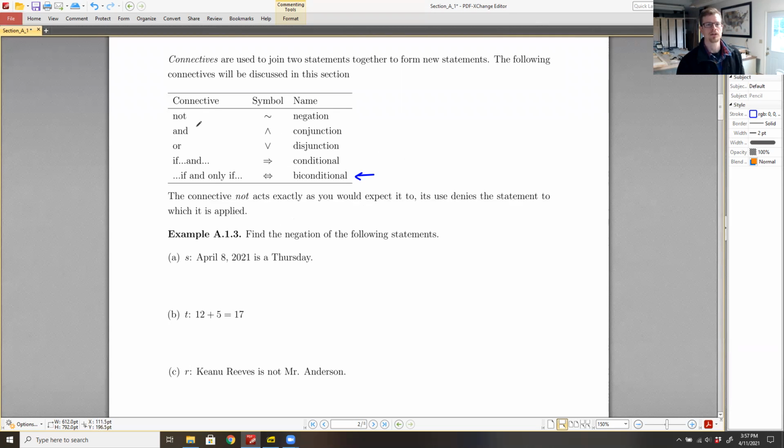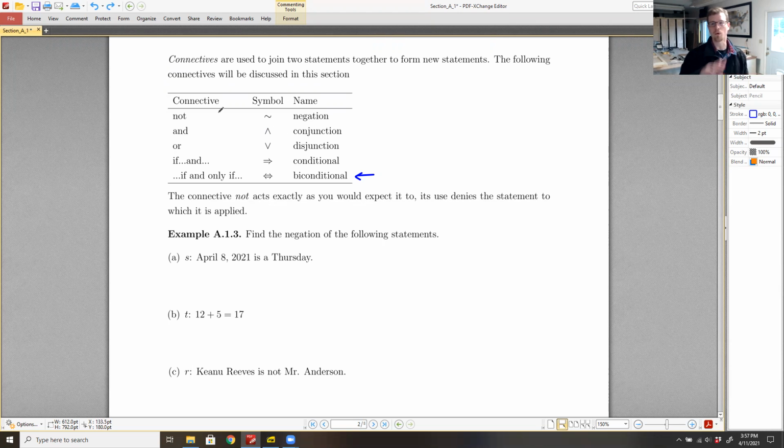The and connective, to connect two statements, this statement and another one, is given this symbol. It's like an A, but it doesn't have a piece across, and it is called conjunction. There's the connection of or.